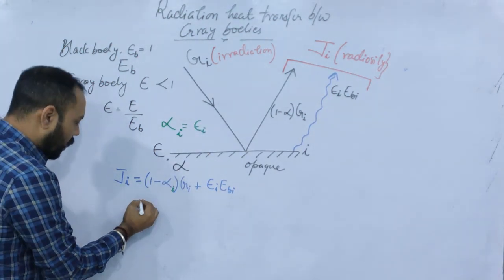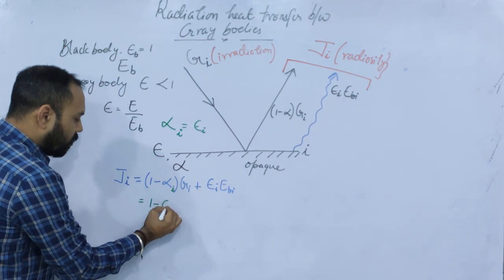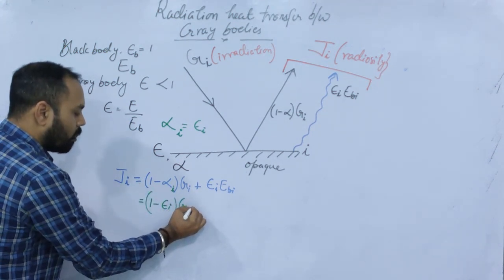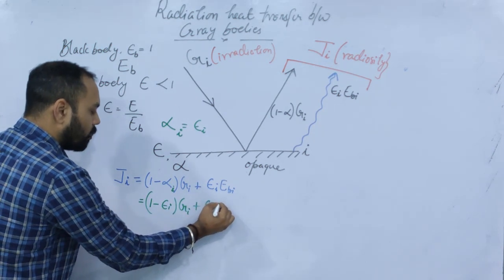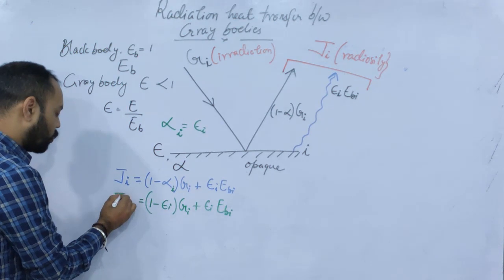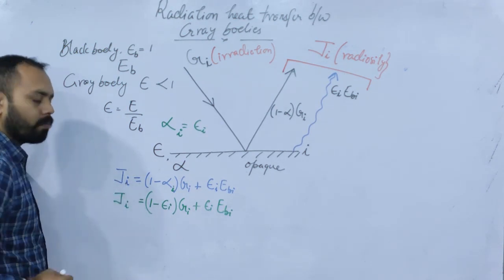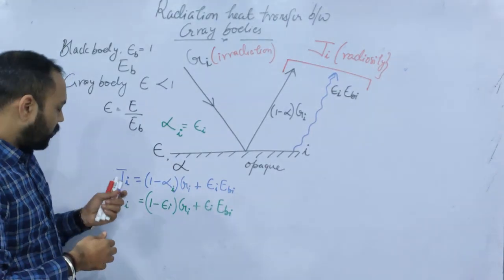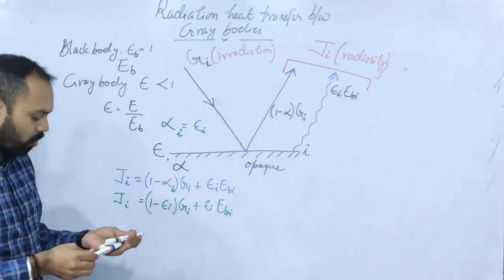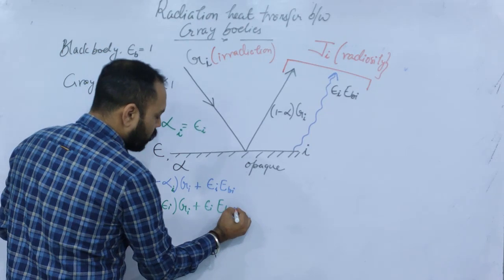So Ji can be written as 1 minus epsilon I multiplied by Gi plus epsilon I into EBI. Okay, and that is equal to Ji, right? Fine. So this is the final expression related to Gi. Let us call this equation 1.